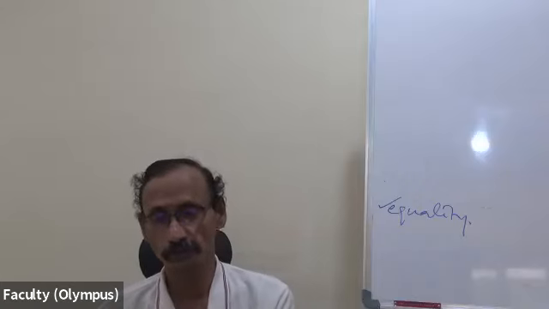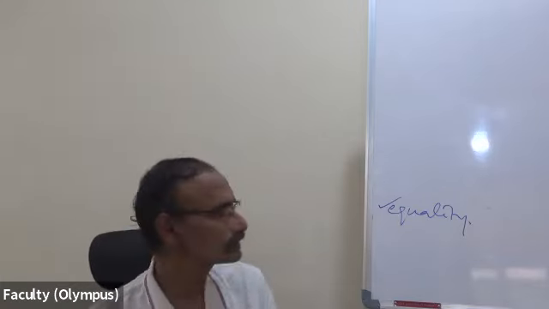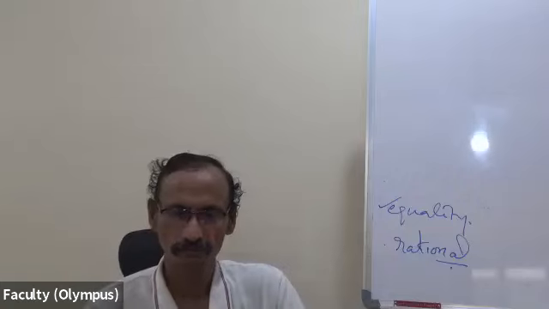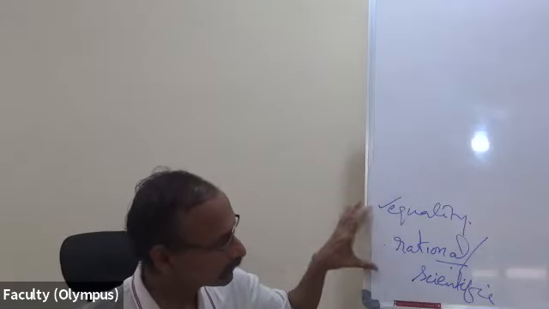So what is sociological approach then? Can we say it attempts to understand in a rational way, isn't it? Yes. Scientific. Okay. So value of equality and the method of rationality.